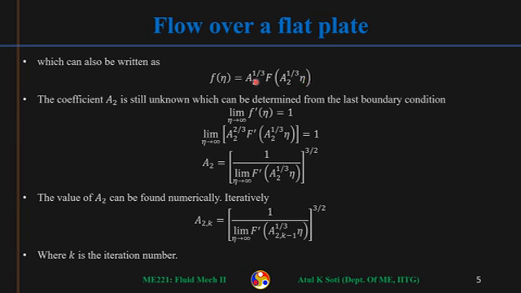So a2 in the front you will get raised to the power 2 by 3, this thing. This should be equal to 1. So from there I can say that a2 will be simply 1 upon the limit of this function as eta tends to infinity and then the whole raised to the power 3 by 2.